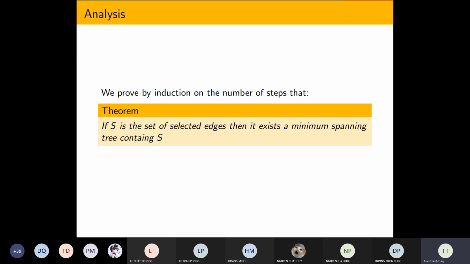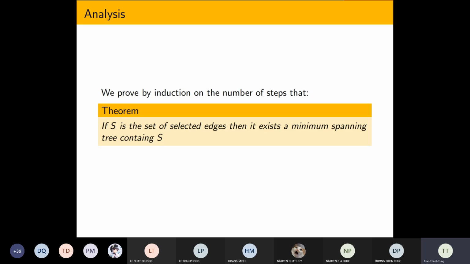The format is normally like this one. They say prove by induction on the number of steps. The structure of the proof will be like that. So consider when the number of steps is 1. That is trivial.